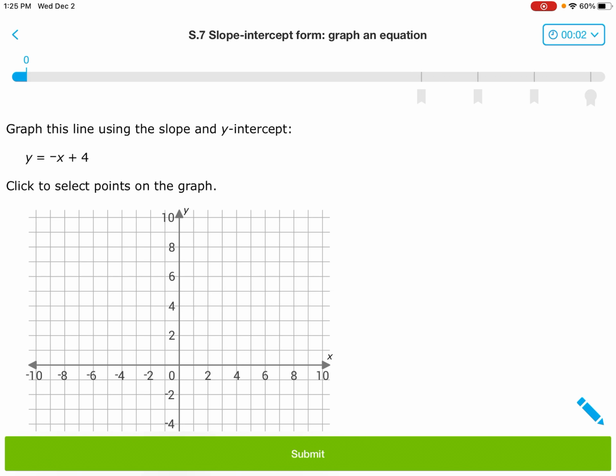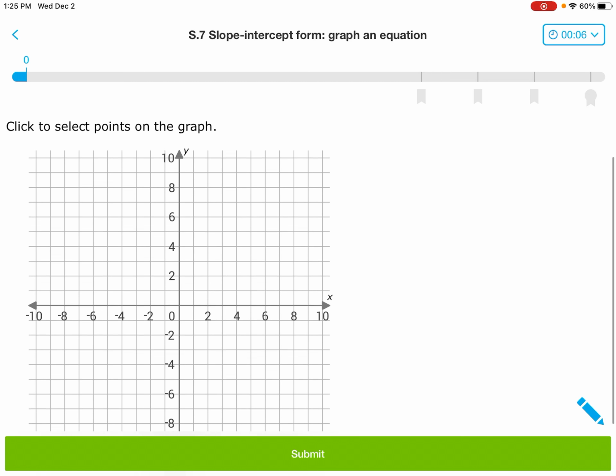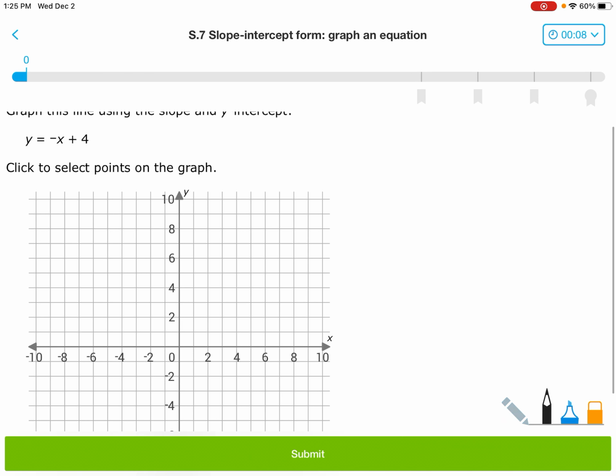S7 says graph this line using the slope and y-intercept. So the first step is to graph the y-intercept. That's at +4, so I used my finger and made a point at +4. The next step is to graph my slope.